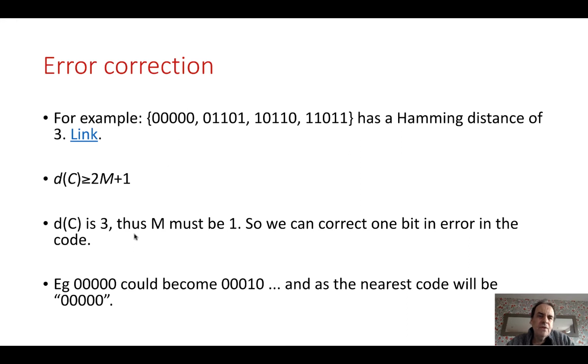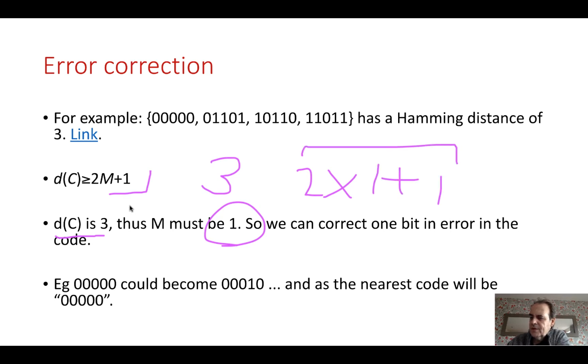And when it comes to Hamming correction, we have 2 times the number of errors plus 1. With a Hamming distance of 3, we have 2 times 1 plus 1, which gives us our 3, and that's equal to it.